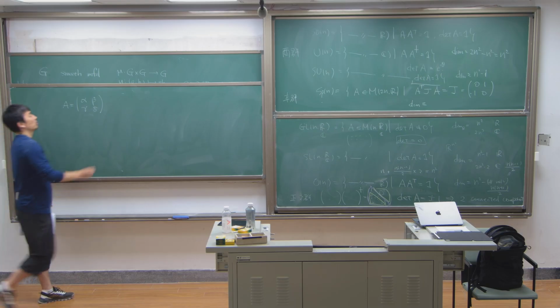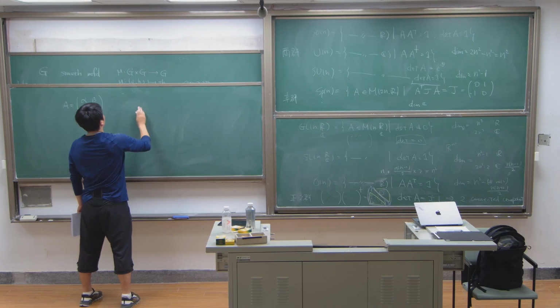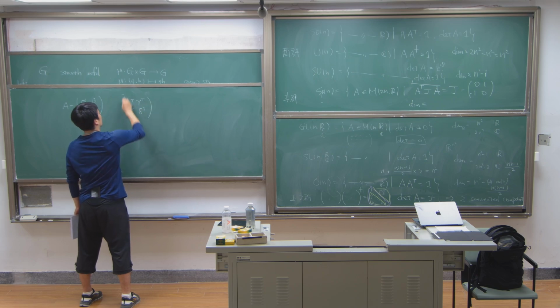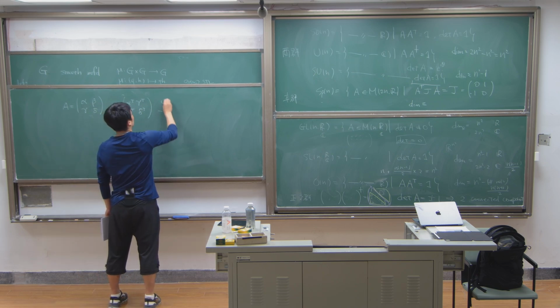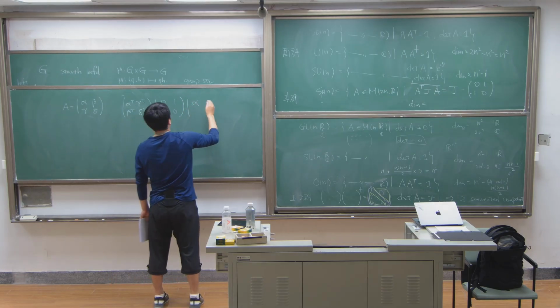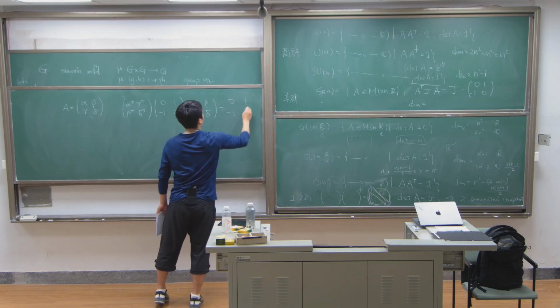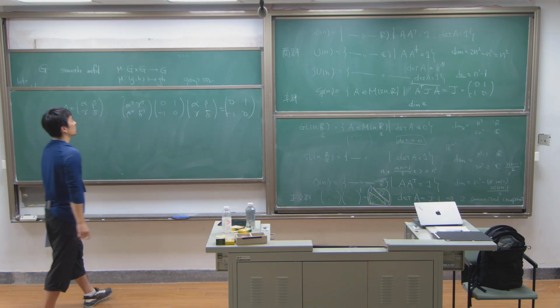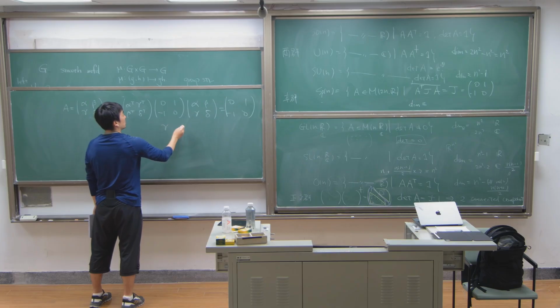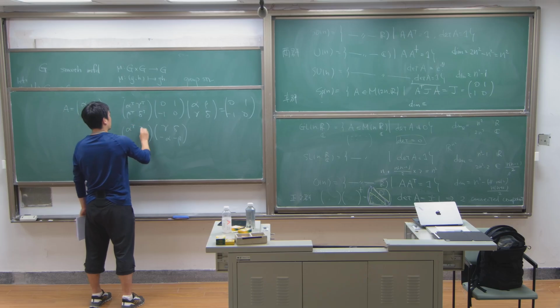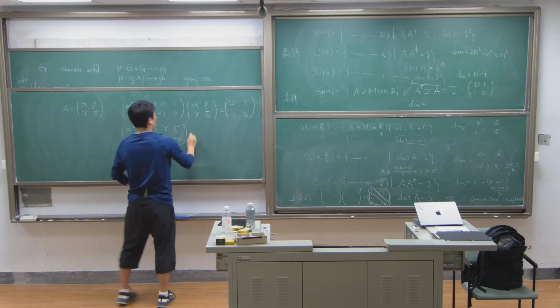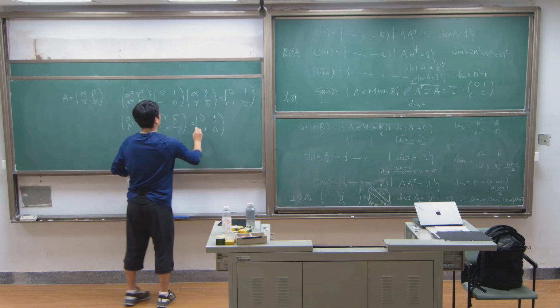Take any matrix A. Then A dagger J A transpose: alpha transpose, gamma transpose, beta transpose, and then you have the matrix with -1, 0, 1, 0, times alpha, beta, gamma, delta, is equal to -1, 0, 1, 0. And then do the computation.